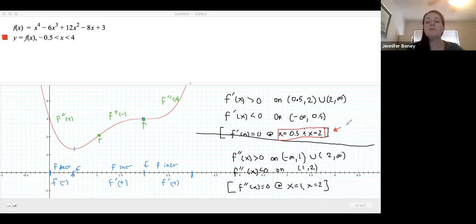These are the only two candidate spots. Other than endpoints, which I don't have on this, within the domain those are the only points that are higher or lower than the points around them, supposedly.